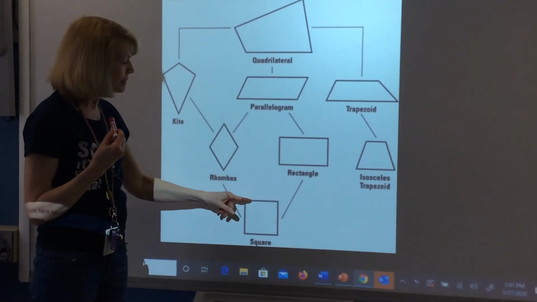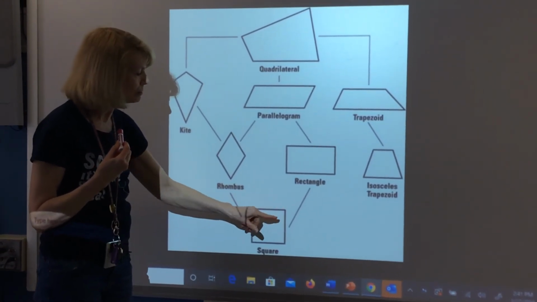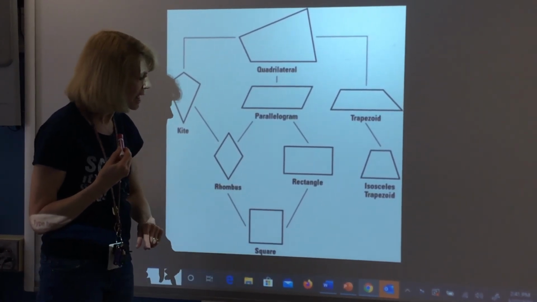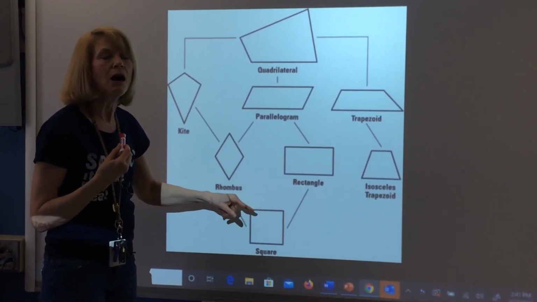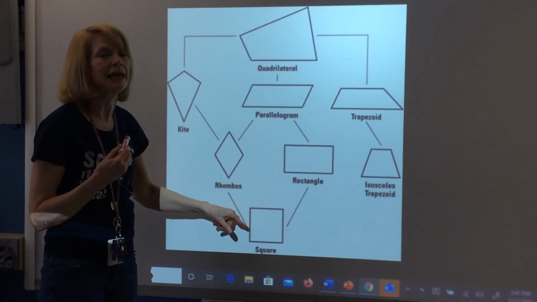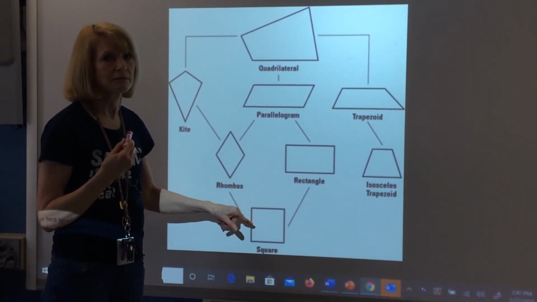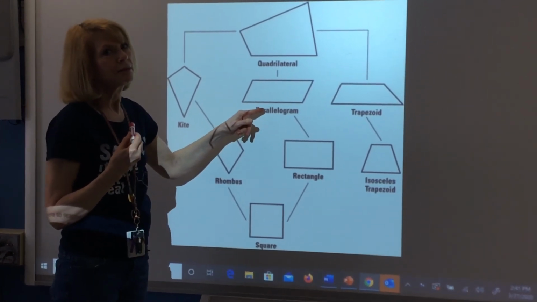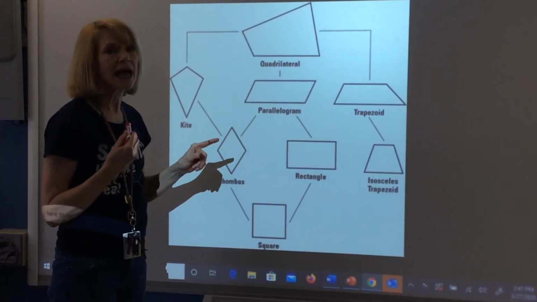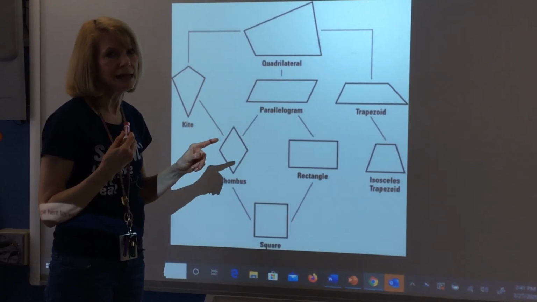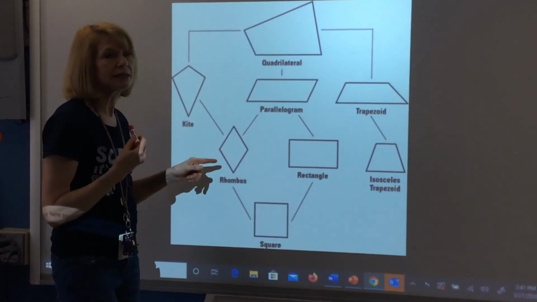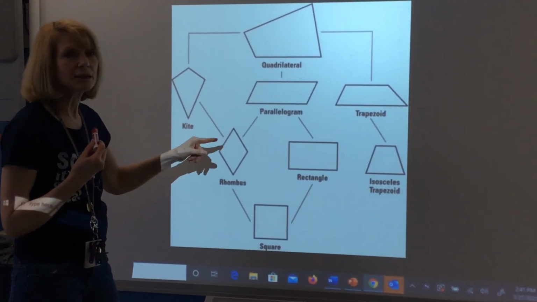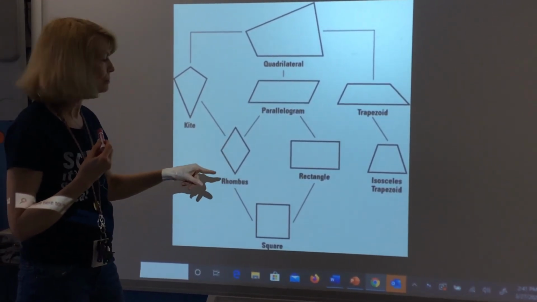A square also has 90-degree angles in the corners, 2 sets of parallel sides, but in a square, all the sides have the same length. Okay? Another parallelogram that has sides that are all the same length is a rhombus. A rhombus does not necessarily have 90-degree angles in the corner.